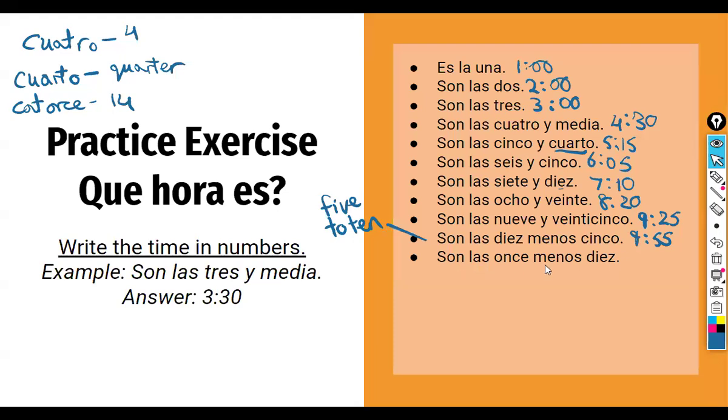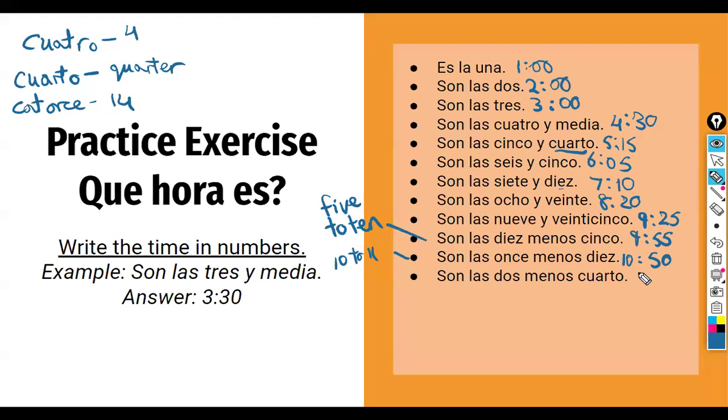All right, what about 11 menos 10? Good. 10 to 11. Or I could write it out as 10:50. Sorry, 10:50. Okay.